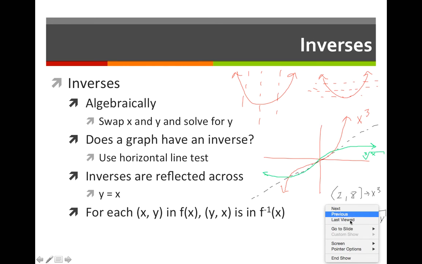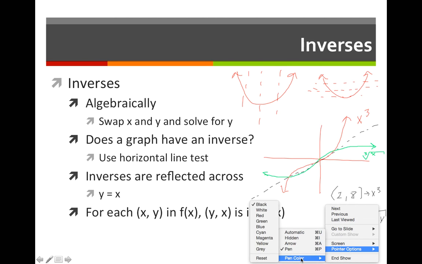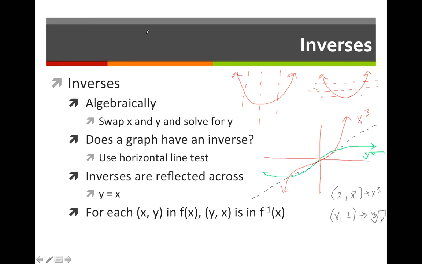I did not mention this just yet, but I just gave you the symbology for inverse. Inverses look like this, f negative 1 of x. We do not read this as f to the power of negative 1. This does not equal 1 over f of x. This is one of those areas in math where we use the same symbol for two different things.